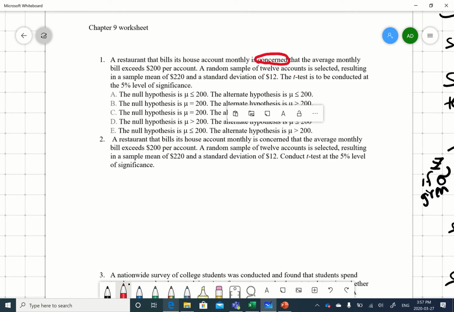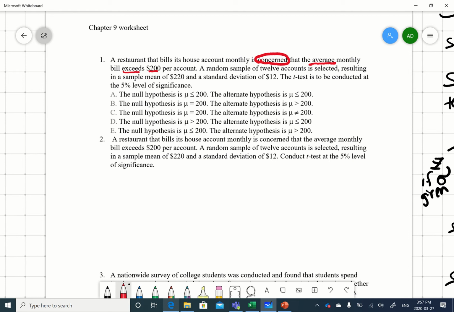They are concerned that the average monthly bill exceeds 200 per account. So that's their concern. The average is more than 200. So you have the hypothetical statement given to you in word form.